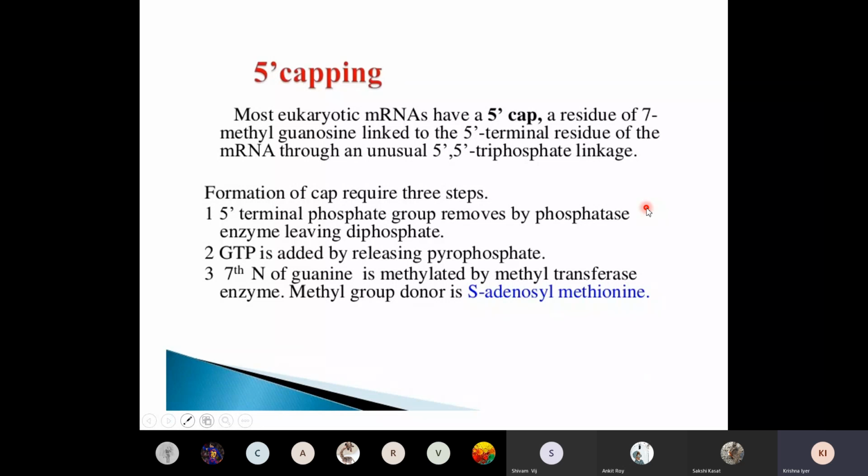And for this, what is used is a very interesting nucleotide, which is 7-methylguanosine. 7-methyl means the methyl is present on the nitrogen which is numbered 7. Now, it's better to just look at it and see what is done.